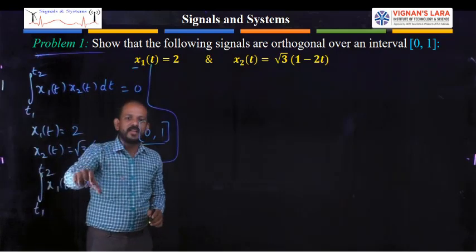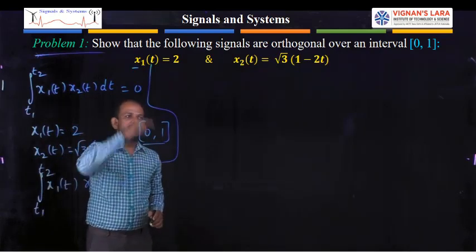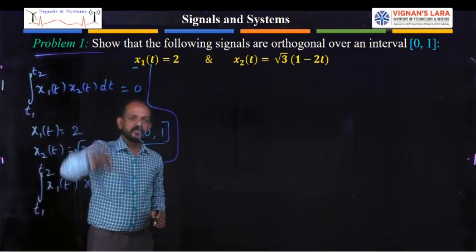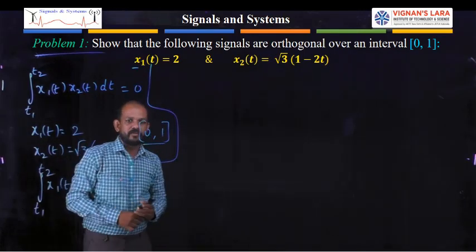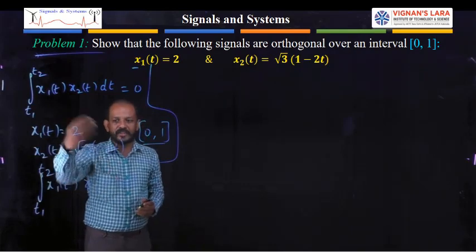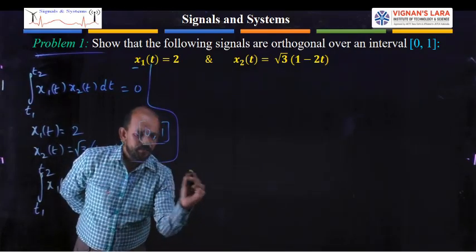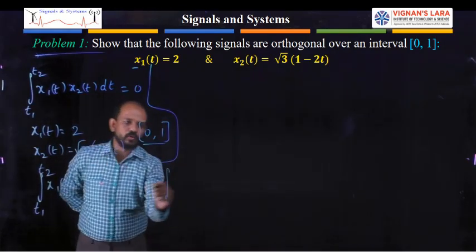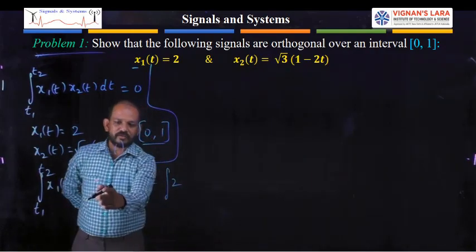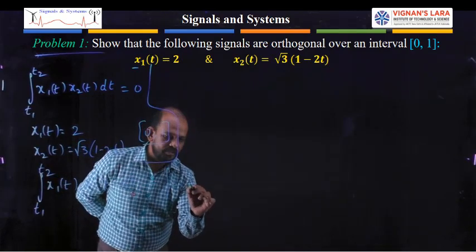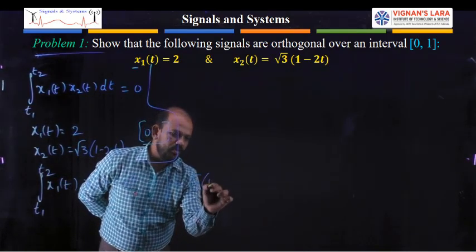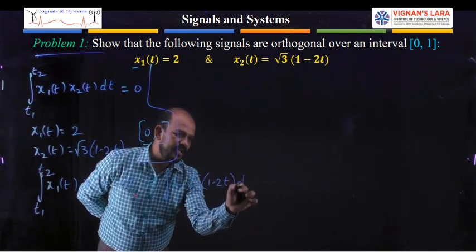If this value is equal to 0, then I can say the given two signals are orthogonal. According to the given data, the integral, what is the value of x1 of t? 2. And what is the value of x2 of t? Root 3 into 1 minus 2t. So 2 into root 3 into 1 minus 2t dt.